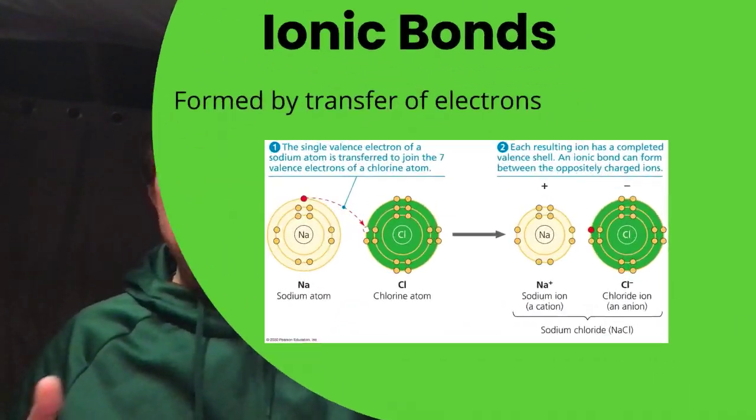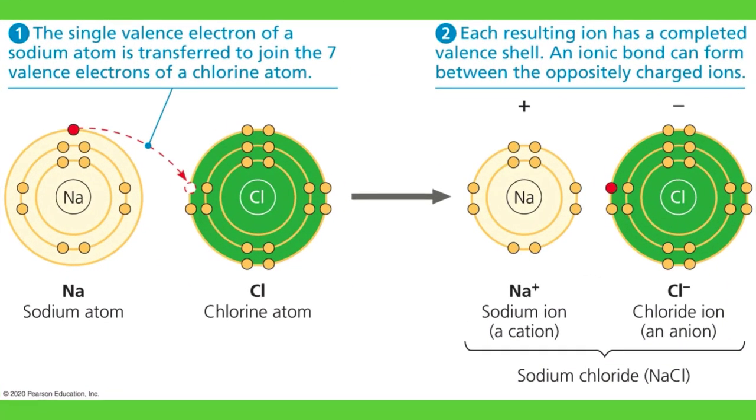Right, so we see an example, sodium chloride, classic ionic compound here. Chlorine, very electronegative. Sodium, very weakly electronegative. So chlorine pulls that electron off.